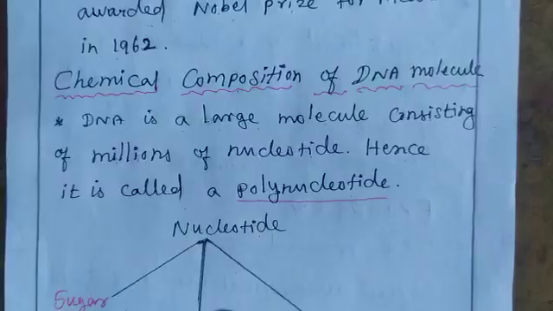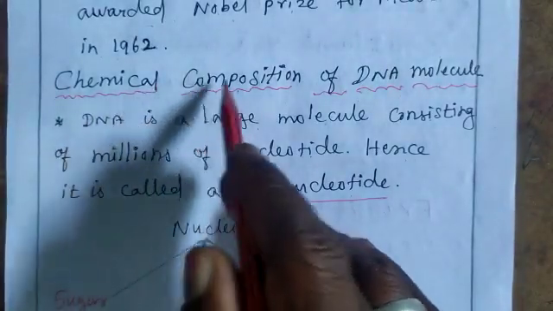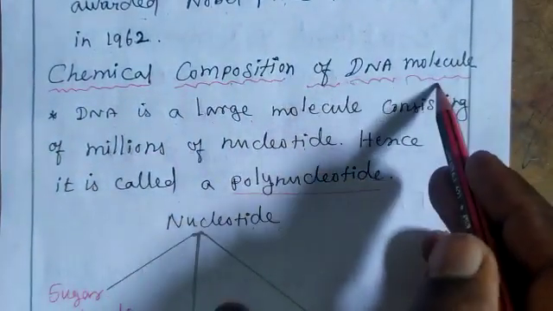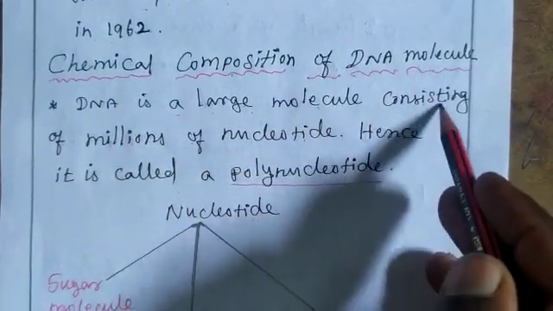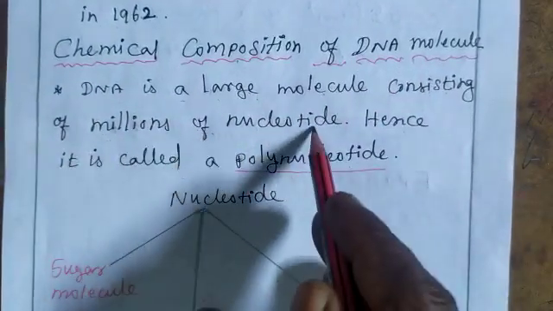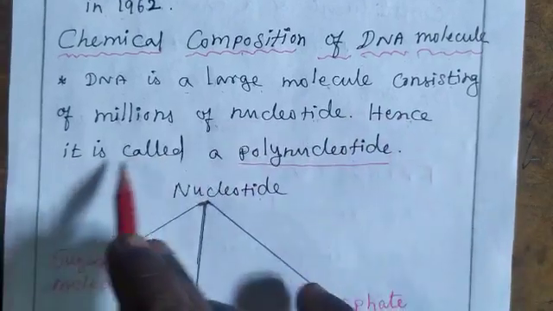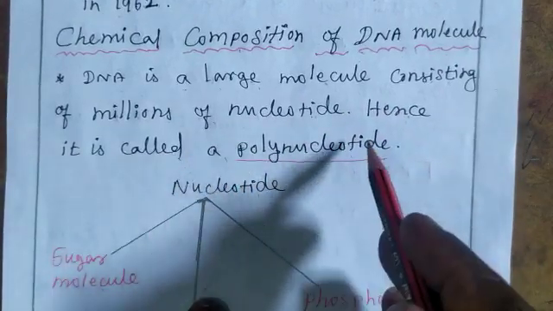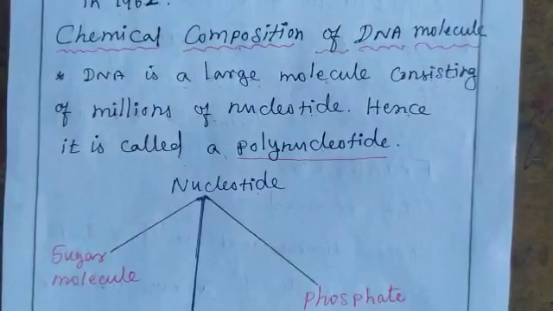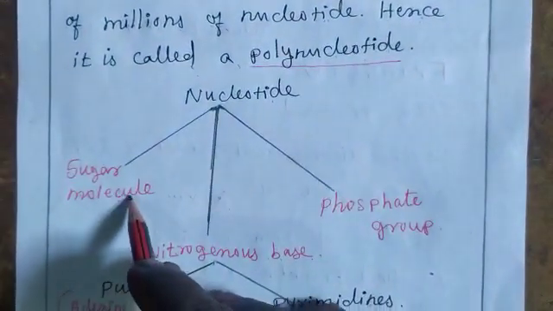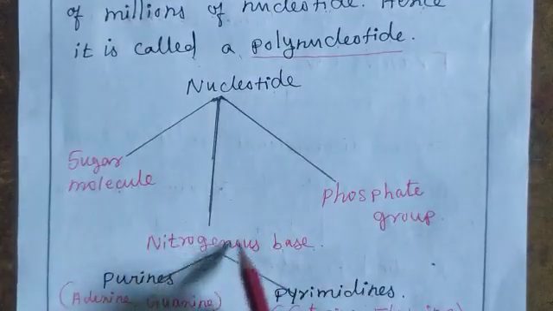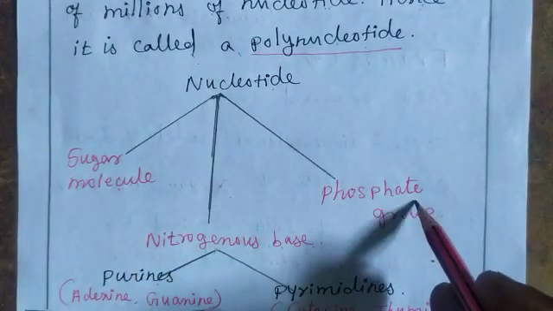Next we see about the chemical composition of the DNA molecule. DNA is a large molecule consisting of millions of nucleotides, hence it is called a polynucleotide. What is a nucleotide? A nucleotide consists of a sugar molecule, a nitrogenous base and a phosphate group.